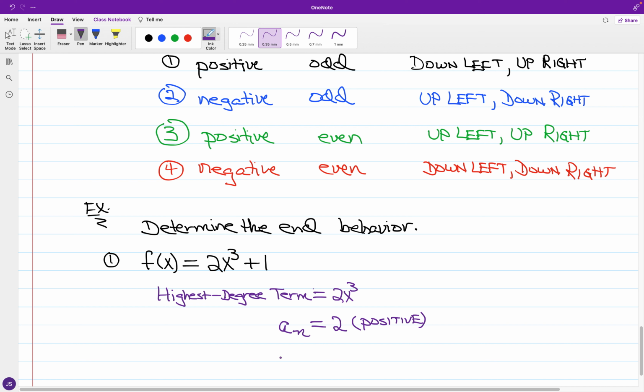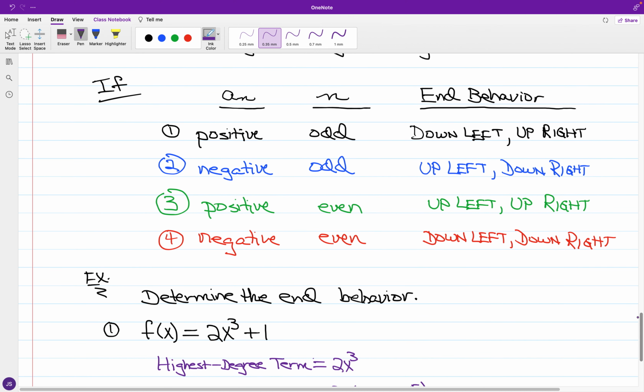And from the x cubed, we have that n is equal to 3, an odd value. So a sub n is positive, n is odd. So for the end behavior, you'll have down to the left and up to the right.